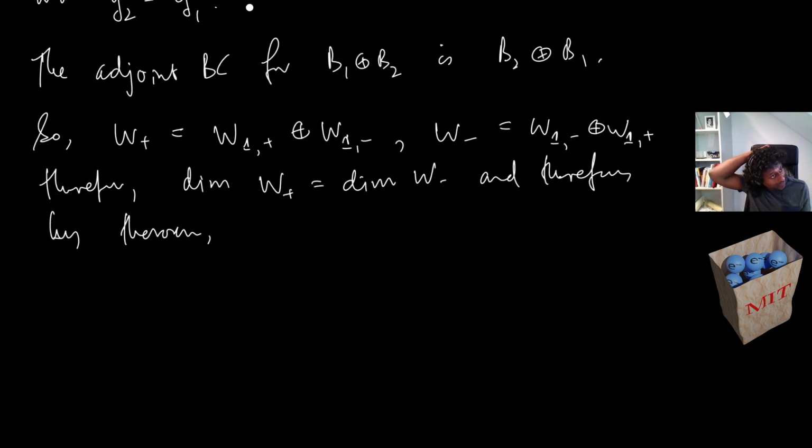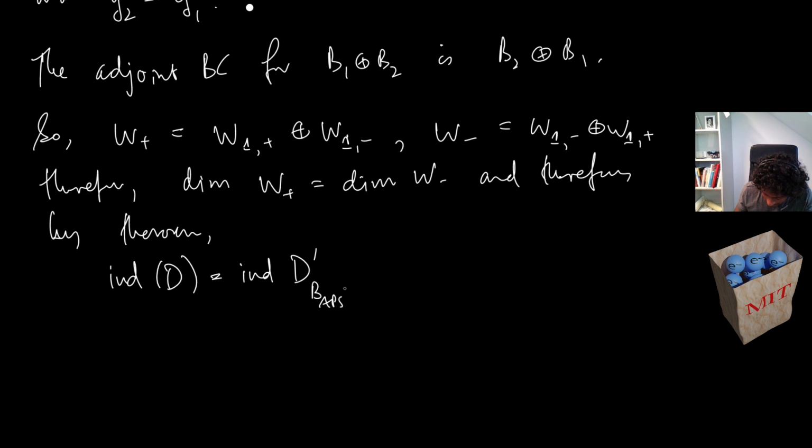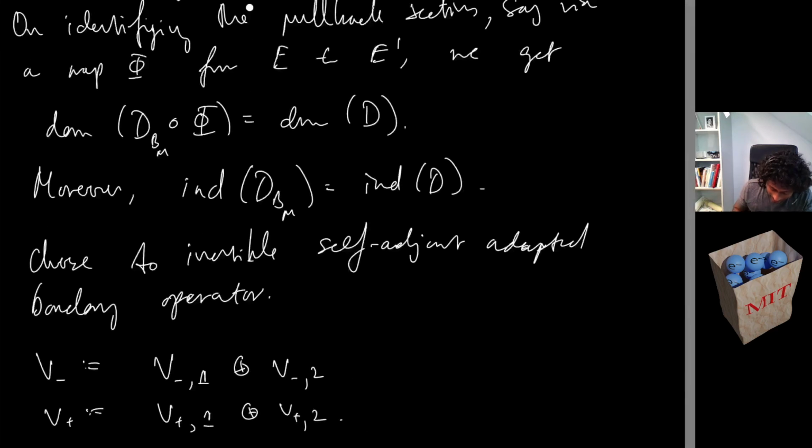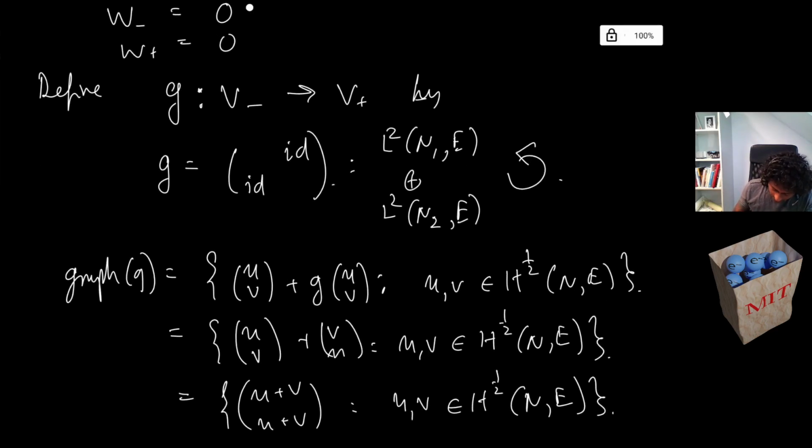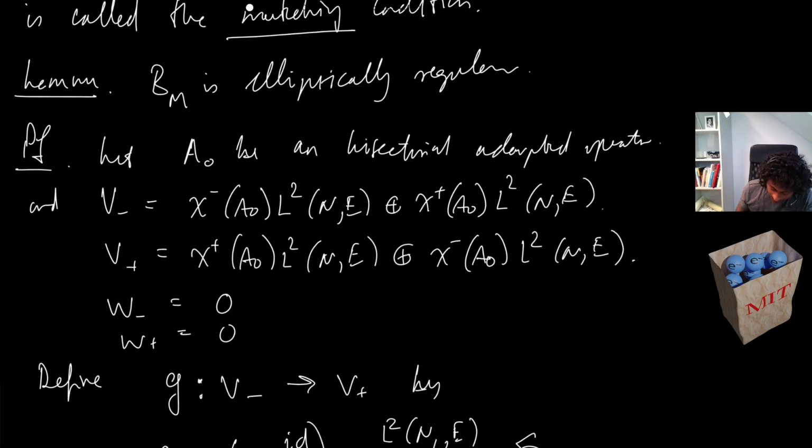We have that the index of D is equal to the index of D prime B APS with respect to this boundary condition A naught, and that's actually exactly the same as the matching boundary condition, right? So by the lemma, the APS boundary condition we saw is really the matching boundary condition.